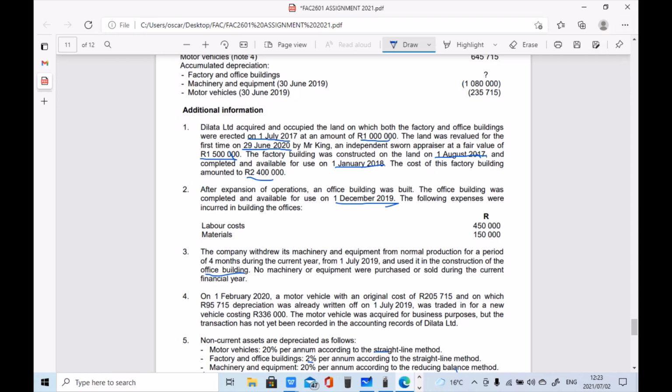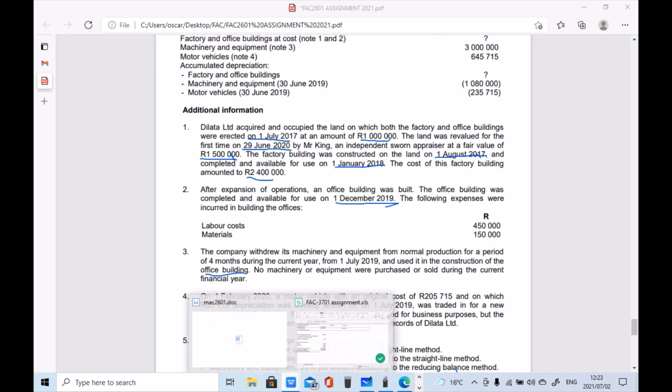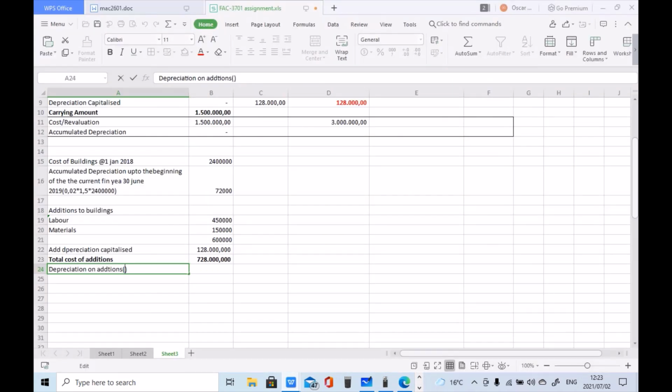So let's calculate depreciation on there for 7 months. That's 7 over 12 times 2% times 728.